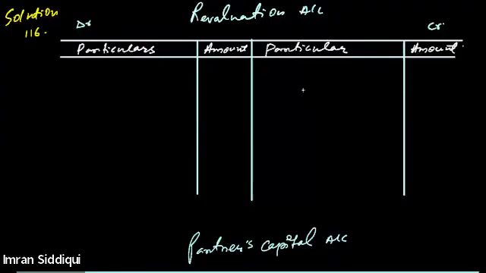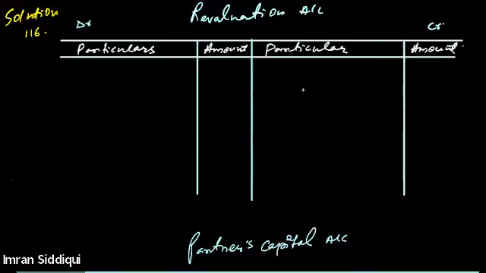Since the value of the land and building is reducing, we'll write down land and building, reducing by 26,000, on the debit side of the revaluation account. Is that clear, both of you?